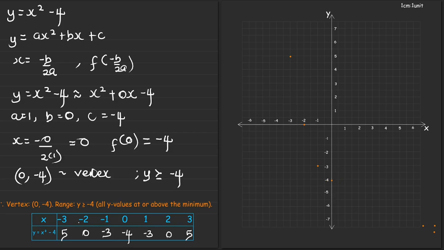Then we have 1, negative 3. So 1, negative 3 comes up here. And then we also have 2, 0. So 2, 0 is also right here. And then 3, 5. So 3, 5 also comes up right here.